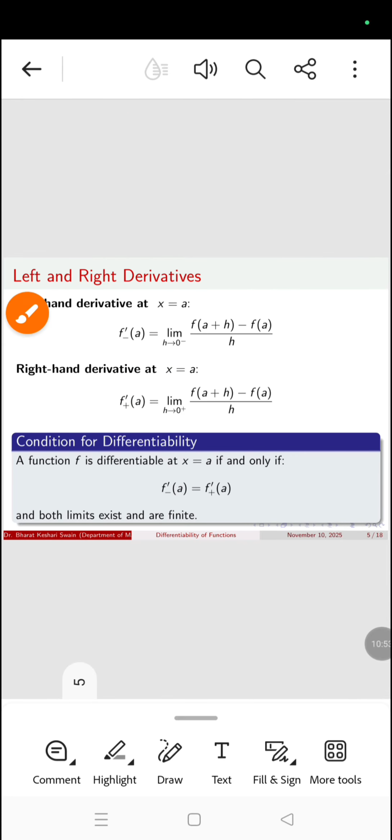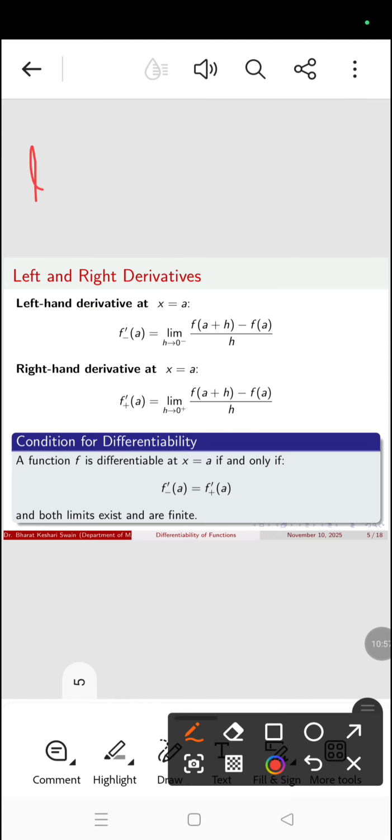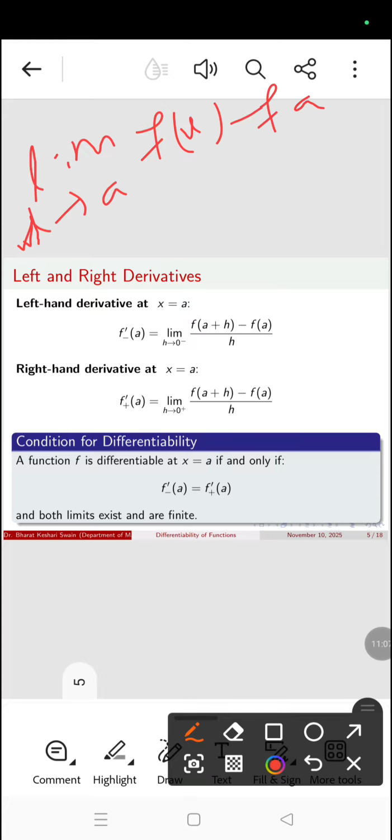Let me explain again. This is our formula: limit x tends to a, f of x minus f of a divided by x minus a. Put x tends to a minus, which means the left hand derivative, LHD.